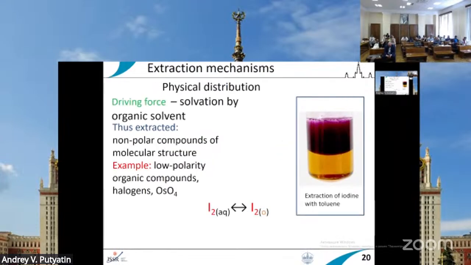So the first one is the so-called physical distribution. Why does it go on? Because for some substances, their solubility in organic solutions is higher than in aqueous solution. For example, iodine.